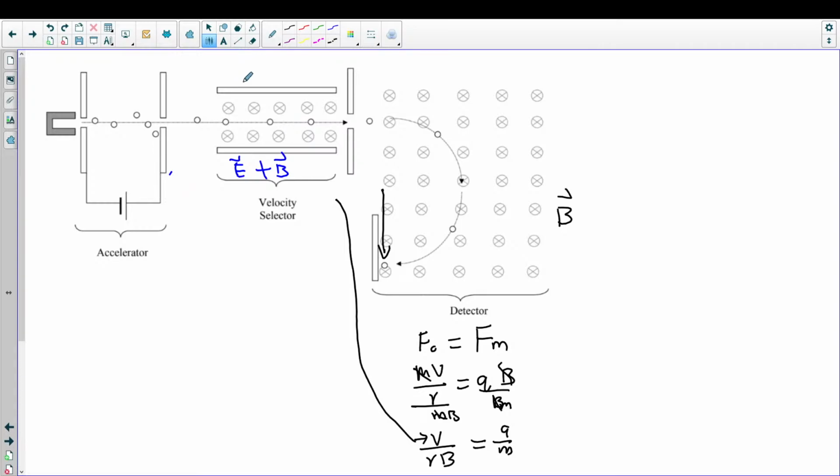But by design, let's say the top plate, I'm going to do my hand real quickly here, into the page. It is expected to detect a negative particle, let's say.